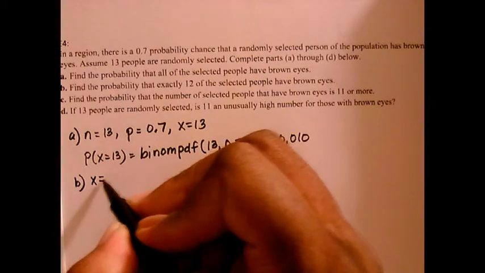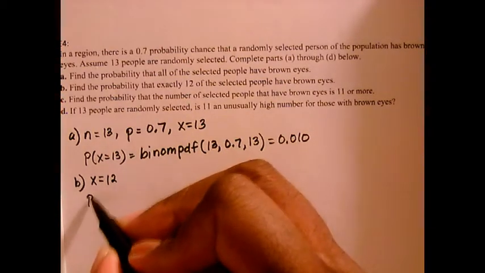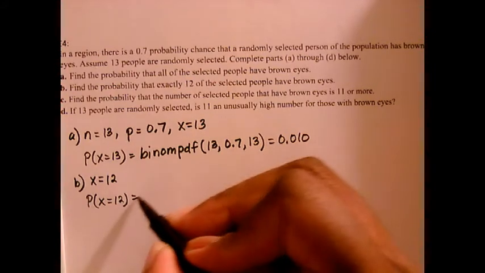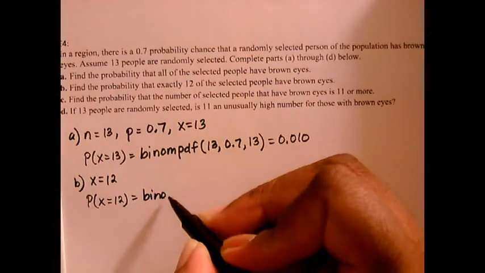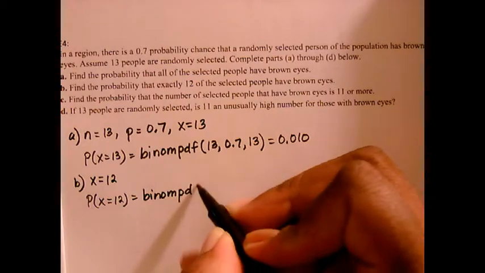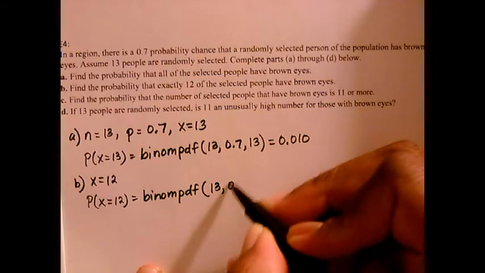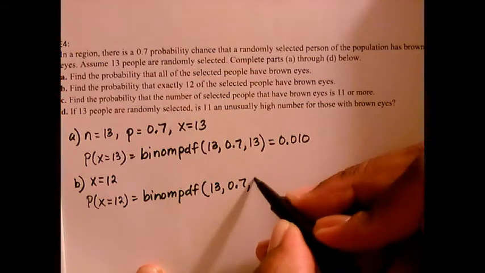So now this time, X is equal to 12. So we want the probability that X is equal to 12 this time, using the binom PDF command. So our N is 13, your P is 0.7, this time X is 12.